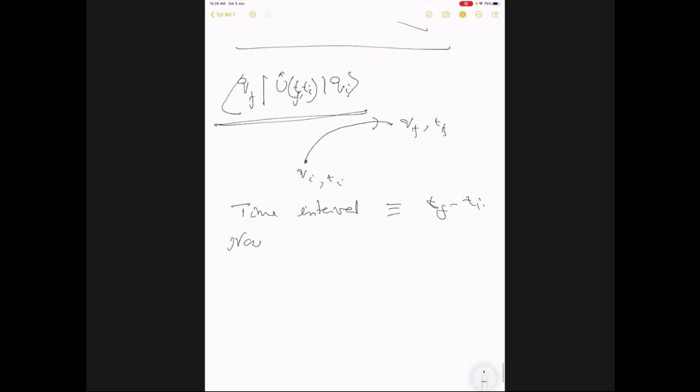Now we divide the time interval into n equal intervals.